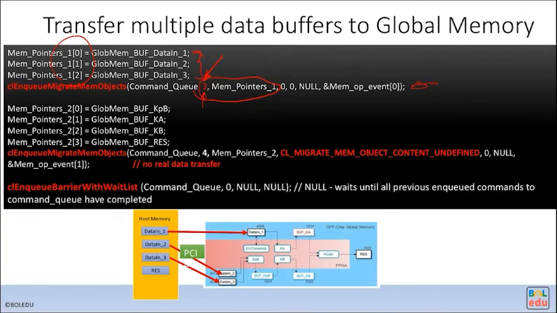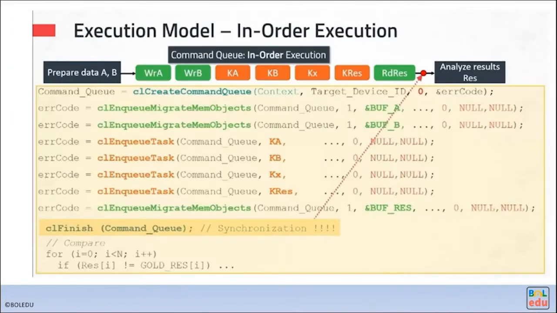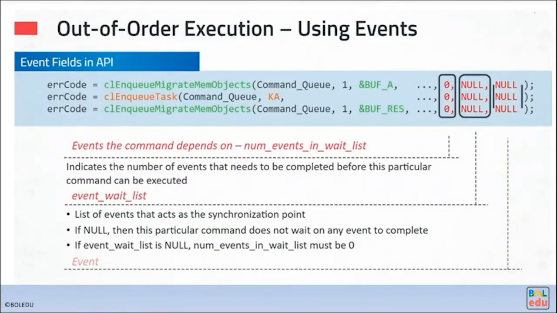For out of order execution, we have to pay attention to the last three arguments of this API, clEnqueueMigrateMemObjects. One argument specifies how many events are in the wait list, and the next argument is the event wait list.